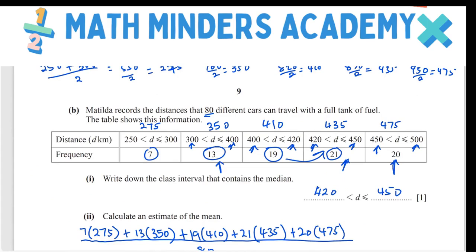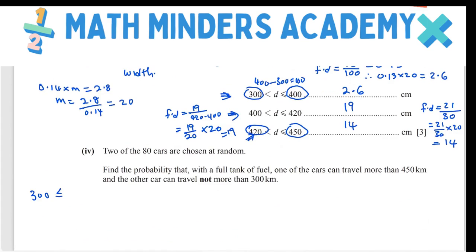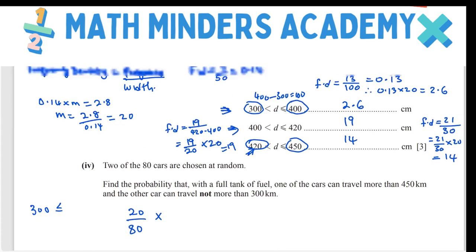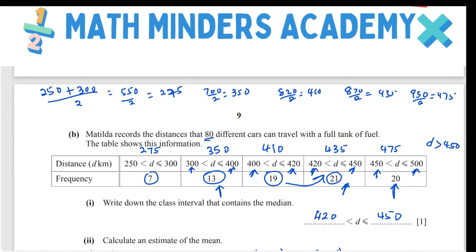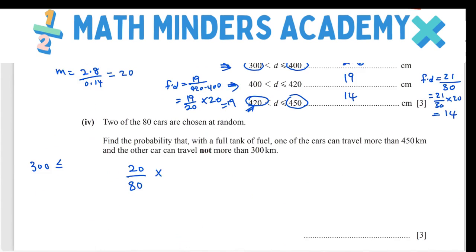Of course, this is D greater than 450. So more than 450, we have 20 out of 80. And the second one must not travel more than 300. Not more than 300 is where we have 7. That's the first class.